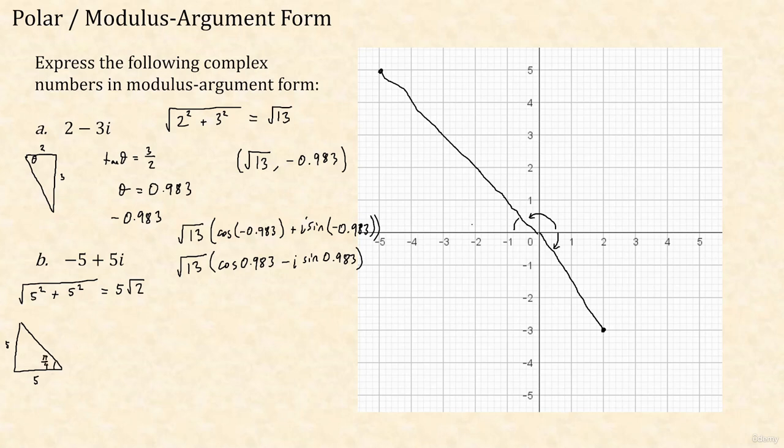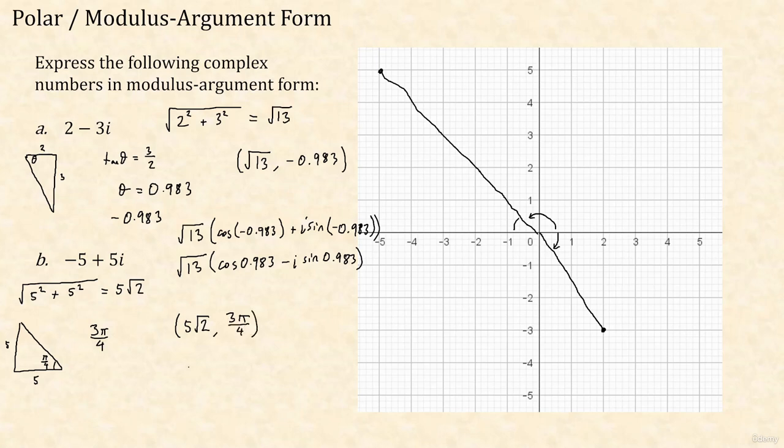So that means that this angle all the way around here is pi minus pi over 4. So the argument here is 3 pi over 4, right? Because it's a full straight line with an angle of pi minus that pi over 4 there. So that angle here is 3 pi over 4. So in modulus argument form, we have 5 root 2, comma, 3 pi over 4.